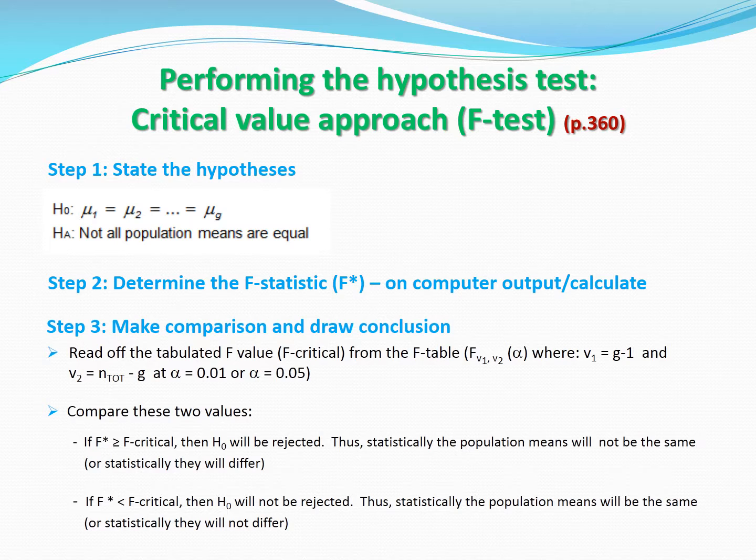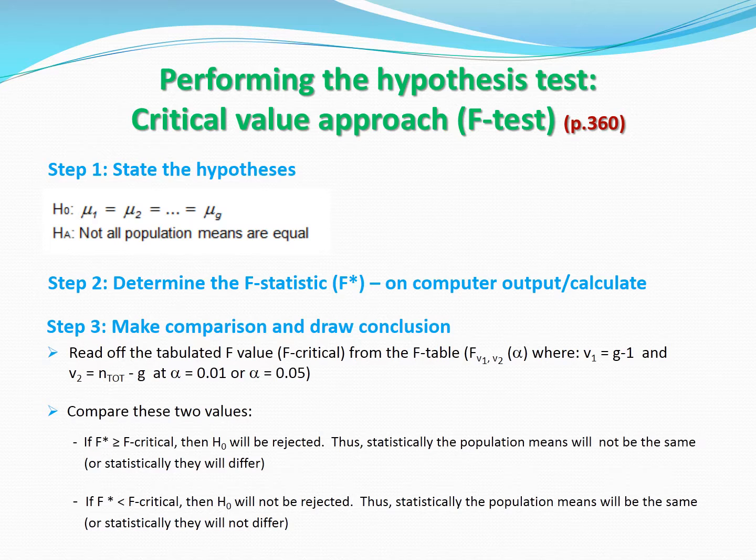So you compare your F statistic in step 2 to your F critical value from your F table. Now your degrees of freedom that you use, this was indicated in your ANOVA table in part 1. Your V1 is G minus 1, and that was your treatment degrees of freedom, and that will give you your column in your F table, and your V2 is n total minus G, and as indicated in part 1, that represented your error degrees of freedom.